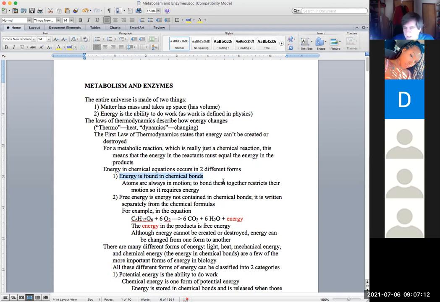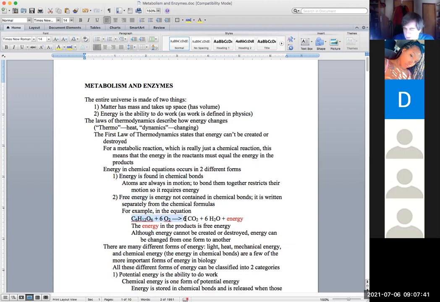Remember, we just said in the last section, in diffusion, atoms, molecules, and ions are constantly vibrating and moving around. This means if we want to anchor one atom to another to make a molecule, we have to restrict their motion. So this takes some energy. So there's energy in chemical bonds. And there's also sometimes free energy, which is energy that isn't in chemical bonds.